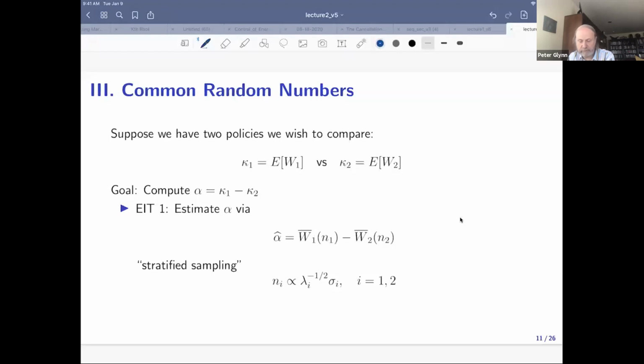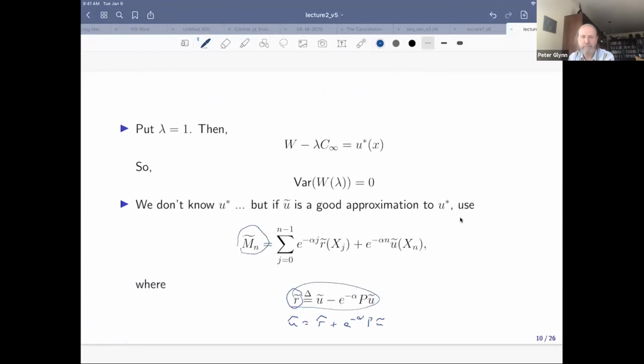Just for the previous method, multiple of us are wondering about, so if P is, I mean, you presumably have a simulated Markov chain, but in the definition of R tilde, you have to apply P to U tilde, which if you have a high dimensional state space or a large state space in general, how do you calculate this R tilde?